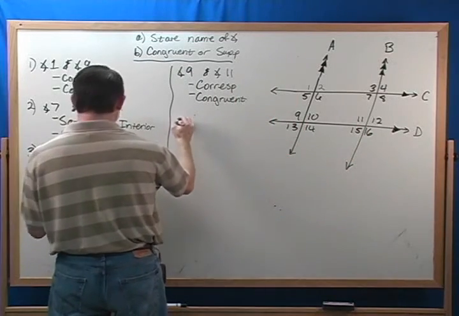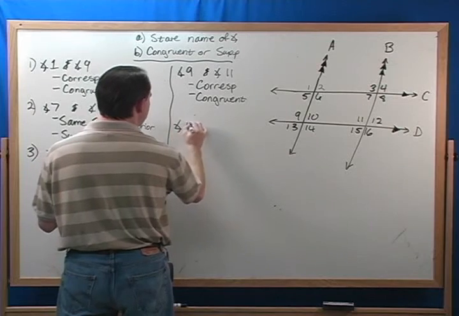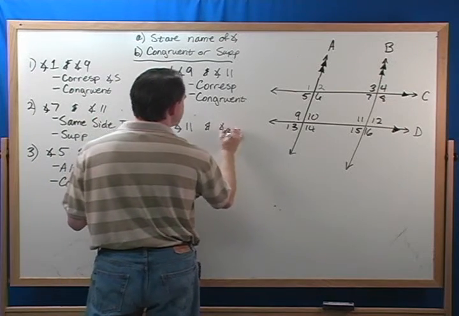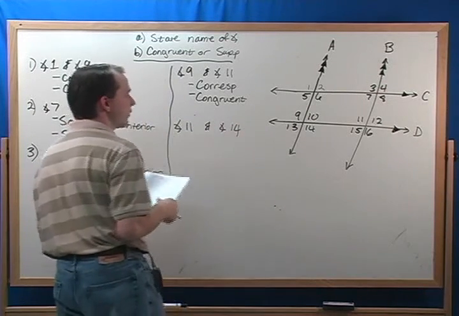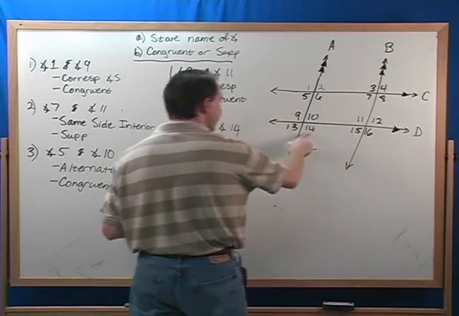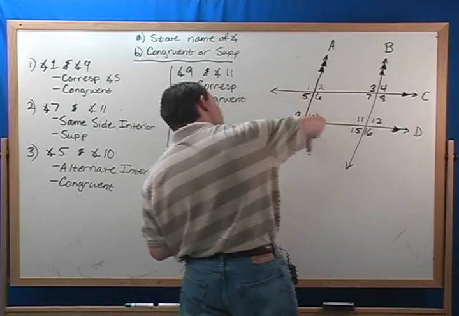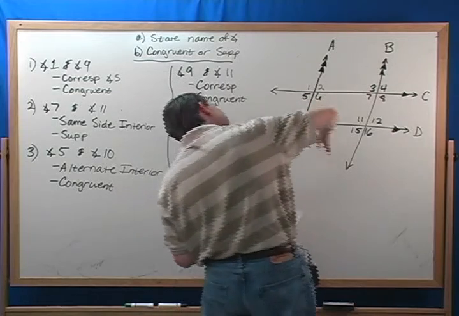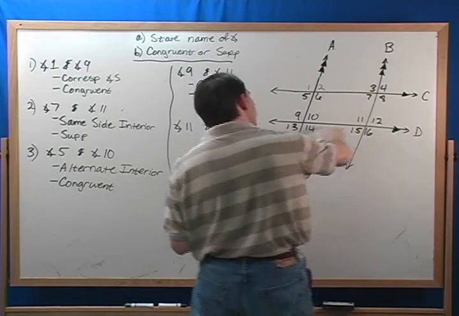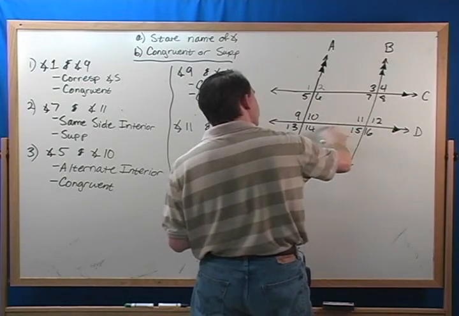Okay, so the final one we'll do is 11 and 14. Here's 11 and here's 14. Again, it looks a little bit funny because you're used to looking up and down, but if you look side to side, 11 and 14, they're on alternate sides of this transversal, right?